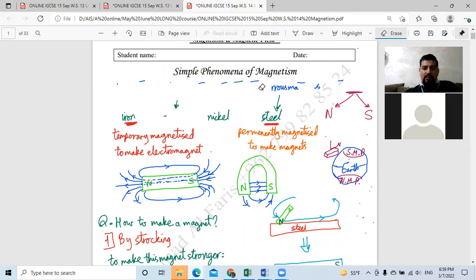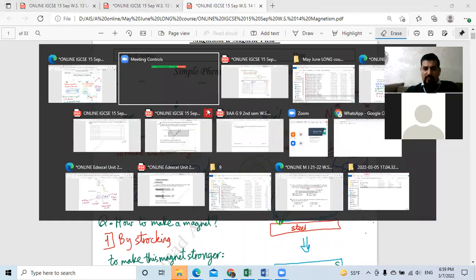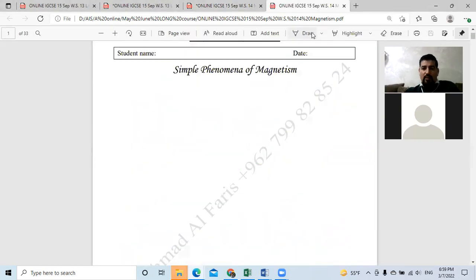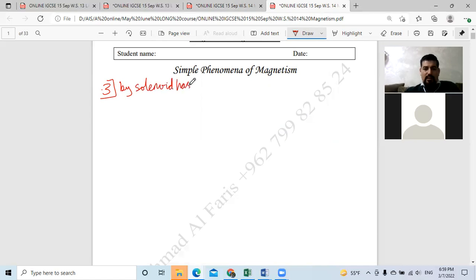The third method, what is it? The third method is by direct electricity, direct current, by a solenoid. A solenoid has DC, direct current.